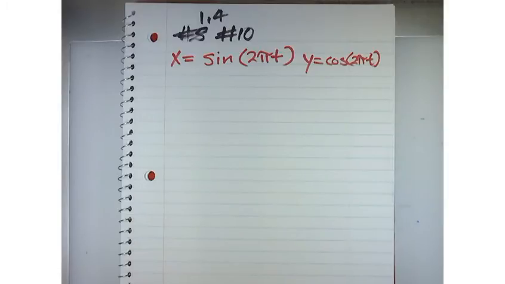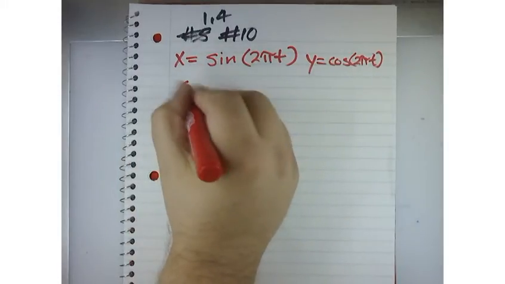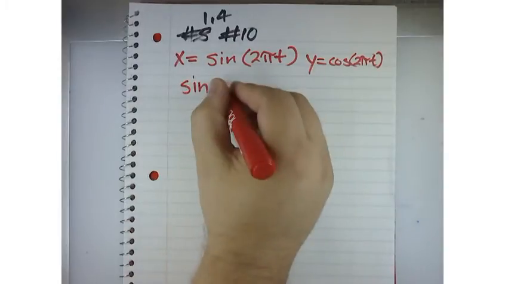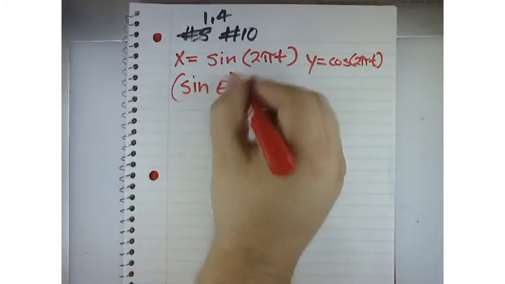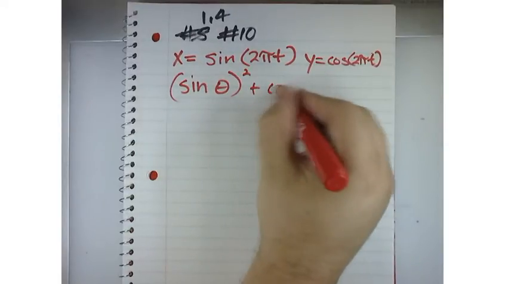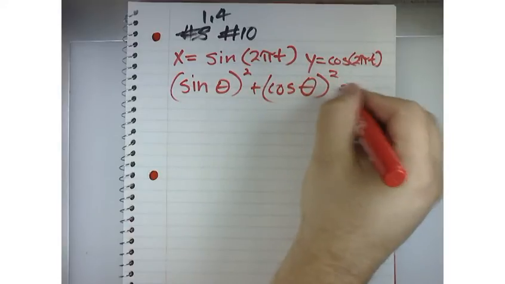Cartesian equation is. So since we have sine and cosine, the most common thing is that whenever you see sine and cosine, you should think of a trig identity. So usually we're going to use this trig identity, sine of theta squared plus cosine of theta squared is equal to 1.